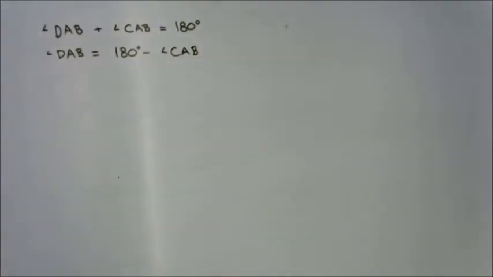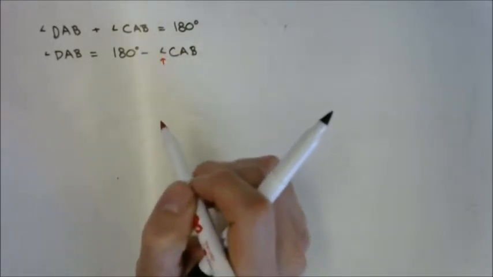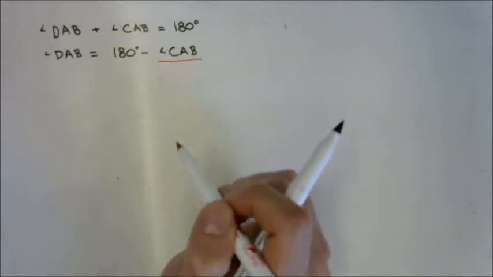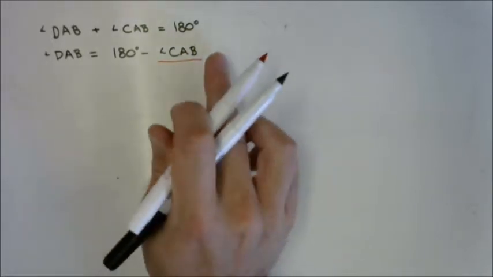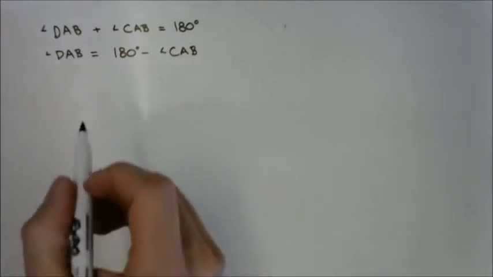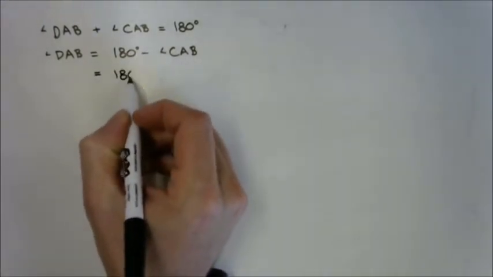By the way, just a little note, this symbol right here means the measure of. So this whole thing is actually just a number. It's the measure of angle CAB. Do we know the measure of angle CAB? Yes. What is it? 85 degrees.